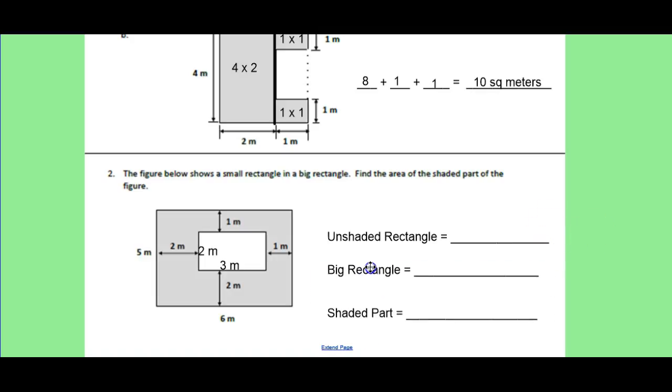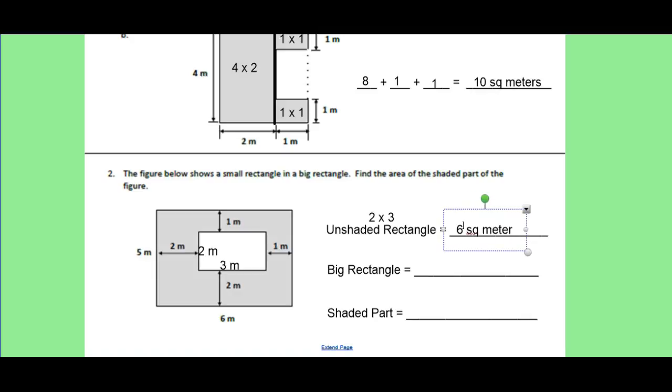We can now find the area of the unshaded rectangle, okay, because we know that it was 2 meters and 3 meters as the side length. So just up above it, let's write 2 times 3, and that's going to help us find the area of this unshaded one. So we know that 2 times 3 is 6, so we know it's going to be 6, not just 6, but 6 square meters.